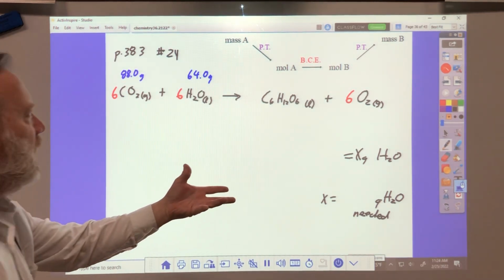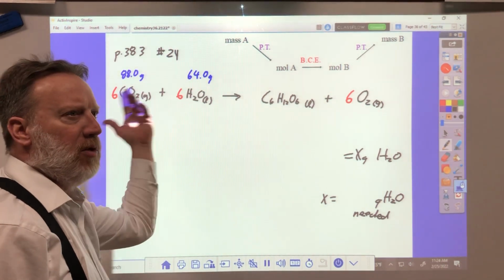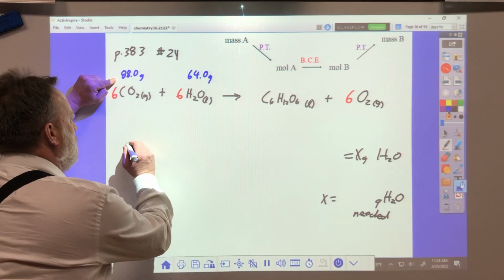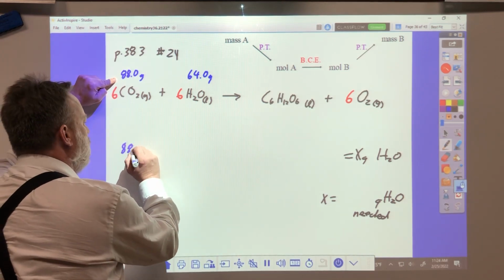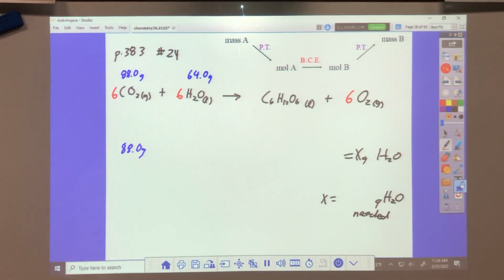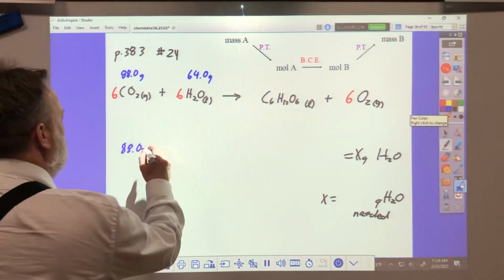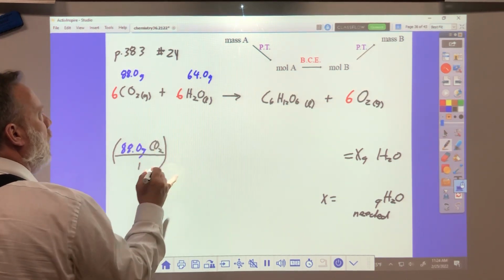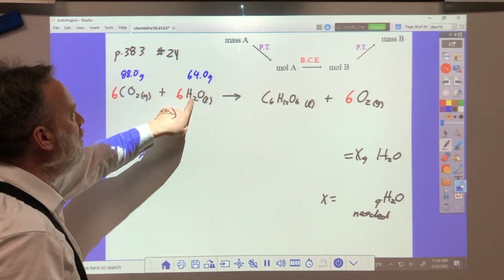We'll get a number, and that number will be bigger or less than this, which will tell us which one's limiting, which one's excess. Then we start with what we know. 88.0 grams of CO2 over 1. We are going mass to moles to moles to mass.